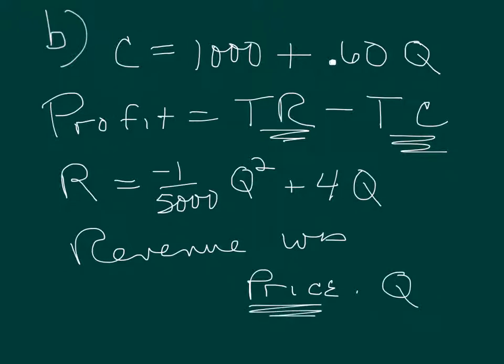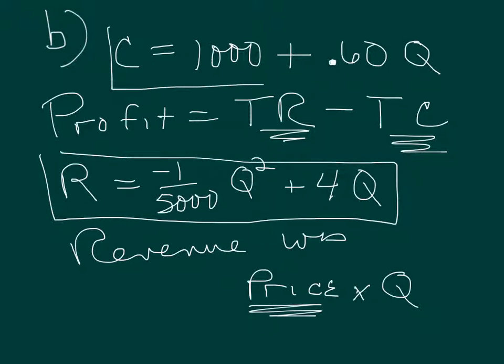And remember, we had to get a demand equation for the price. We got the demand equation, we multiplied by Q, and that was our revenue. So price times quantity is always revenue. So here's our revenue.